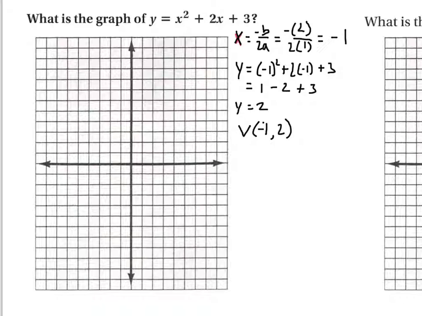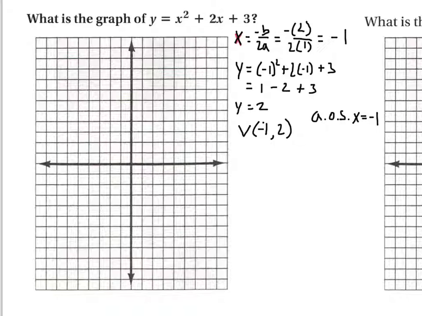Well, if our vertex is at negative 1, 2, where's our axis of symmetry? How do I write that? X equals negative 1. Just like always, it's always the x-coordinate of our vertex. Okay? Now, what was the a value again? A is 1.